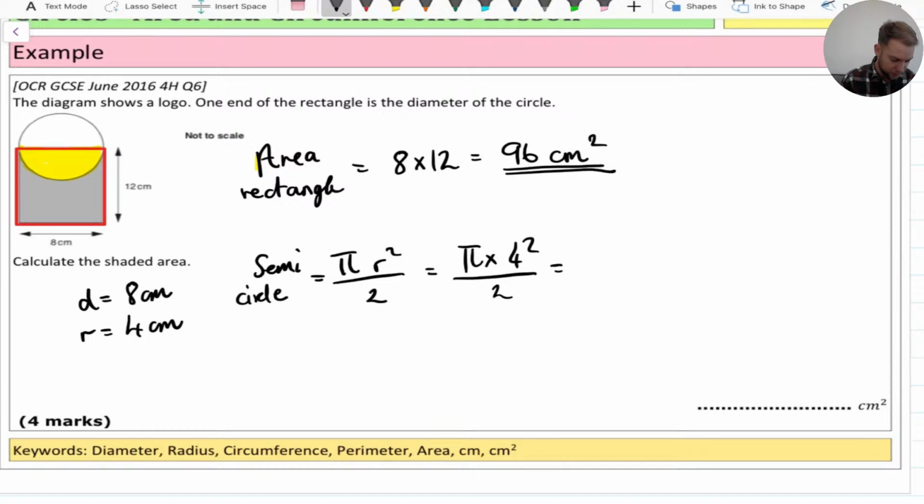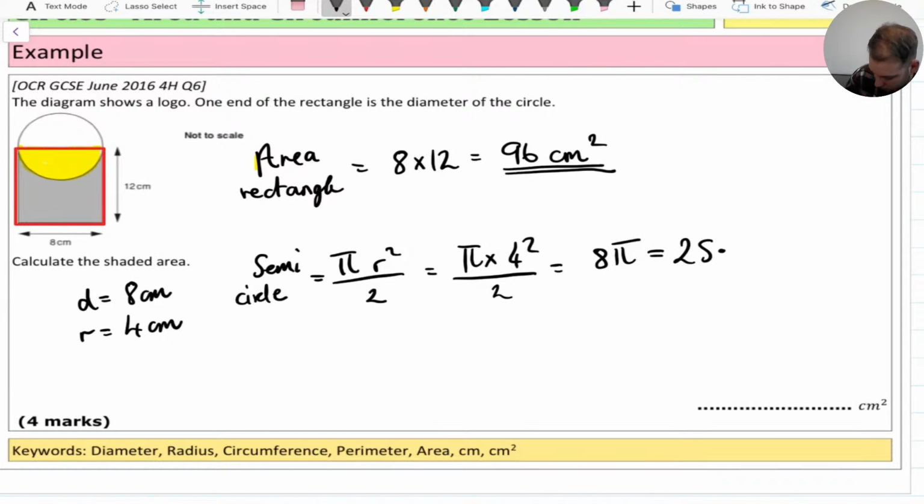So shift pi times by 4 squared, 16 pi, divided by 2 is going to be 8 pi. Let's write that as a decimal. Do it to one decimal place. That's going to be equal to 25.1 centimetres squared.